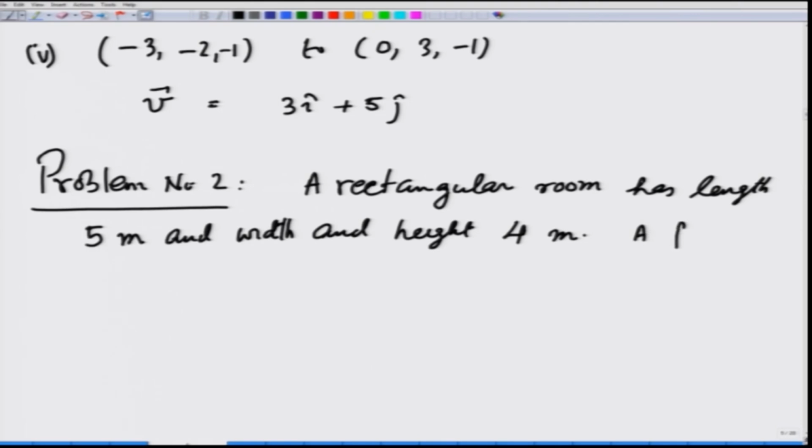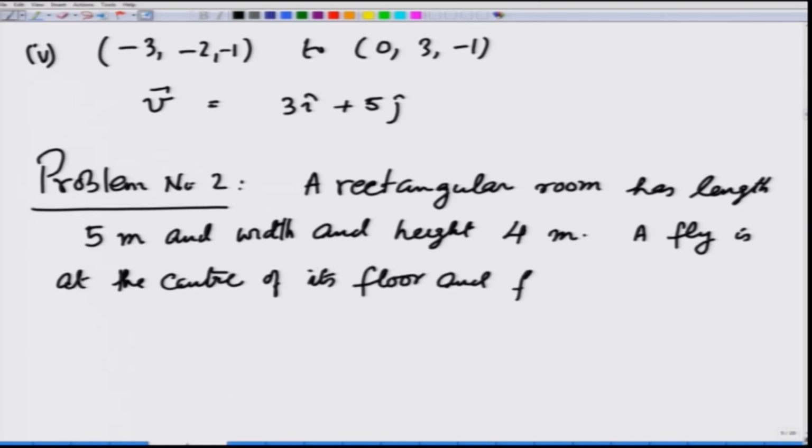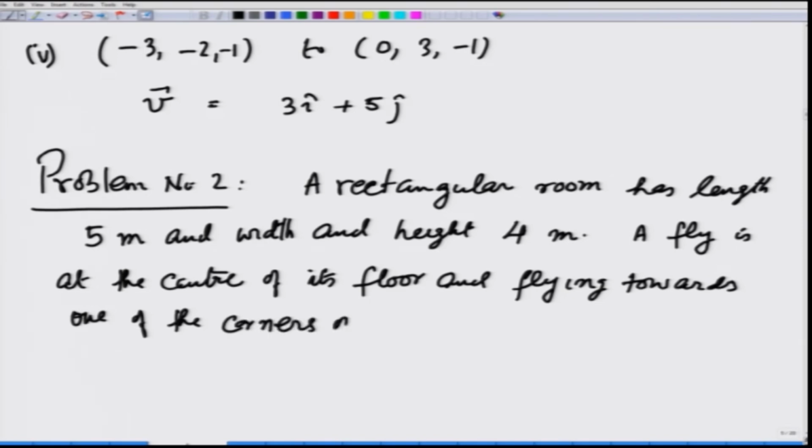A fly is at the center of its floor and flying towards one of the corners of the room with speed 0.5 meters per second.